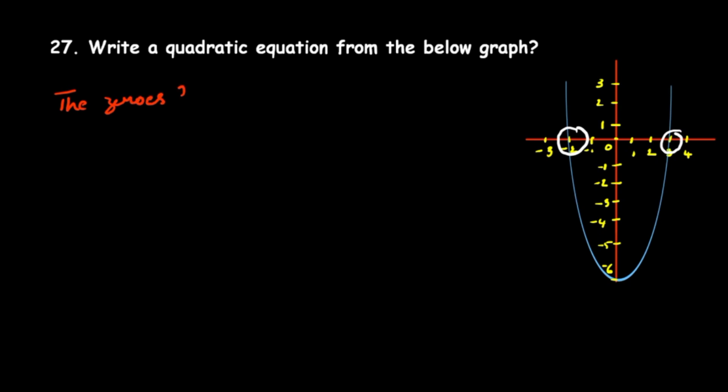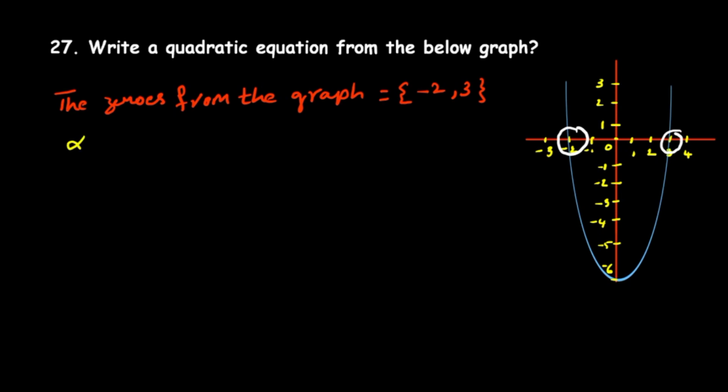The zeros from the graph. Tell me what the zeros from the graph are? Yes, that is -2 and 3. So the parabola intersects the x-axis at -2 and 3, so this is the zeros, right? Now one we can consider as alpha.